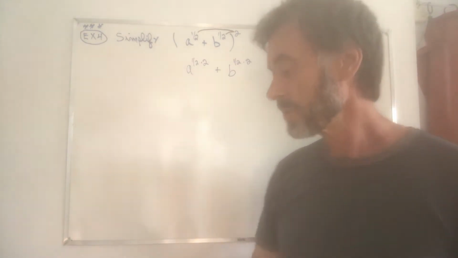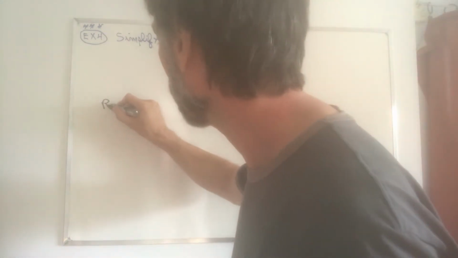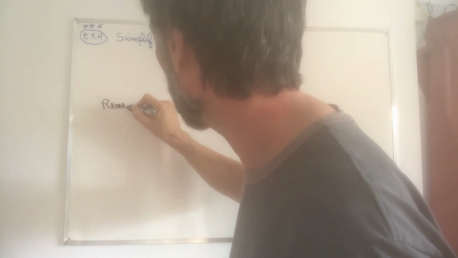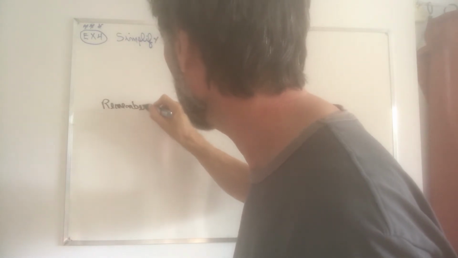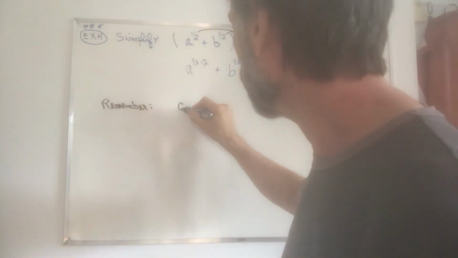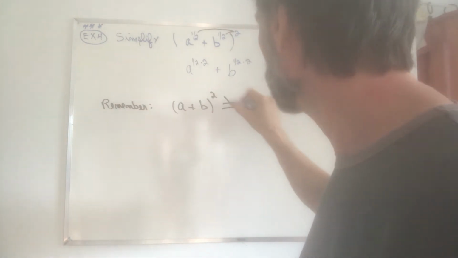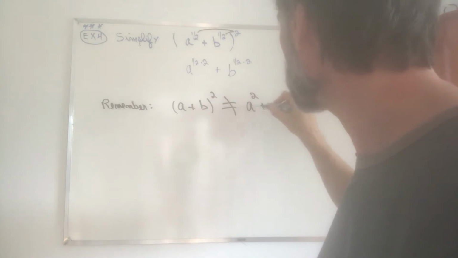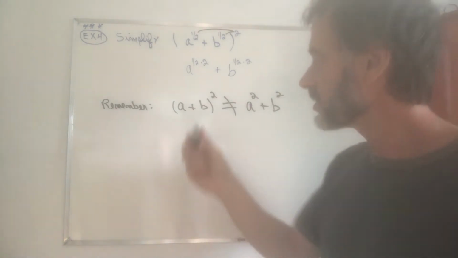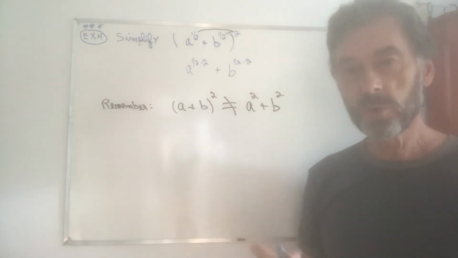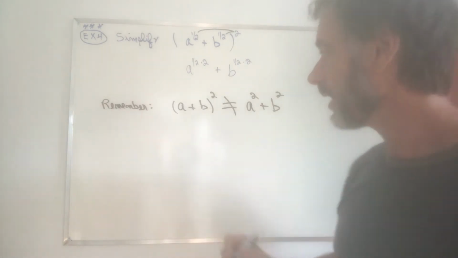Okay? So remember, before we work this problem out together, if you have a plus b to the 2, don't write this as a squared plus b squared. Don't give the 2 to both the a and the b.